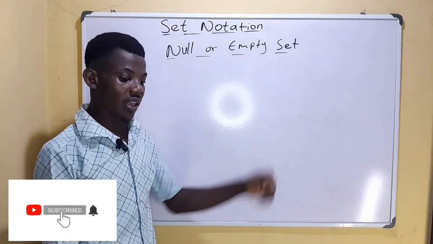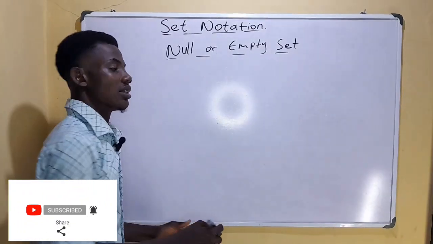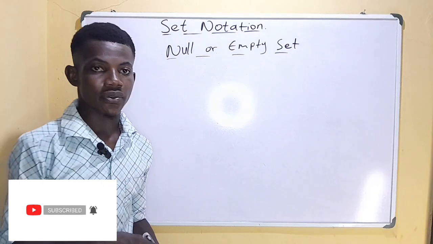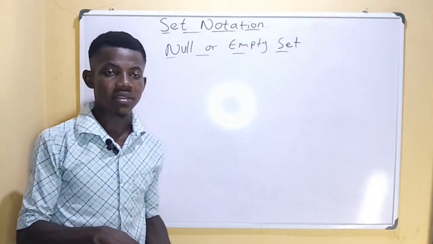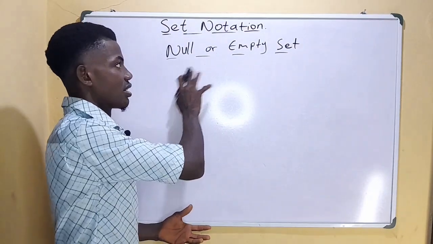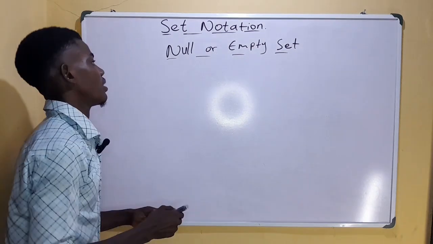Null or empty set. A set is empty if it has no element. A set is empty, or we can call it a null set or empty set, when it has no element.